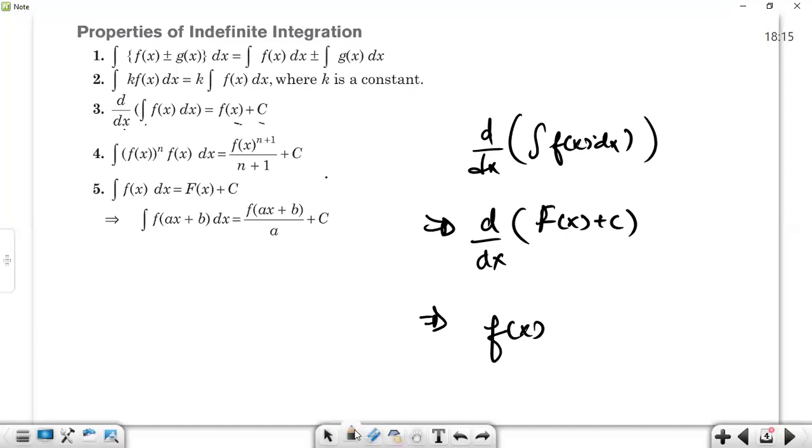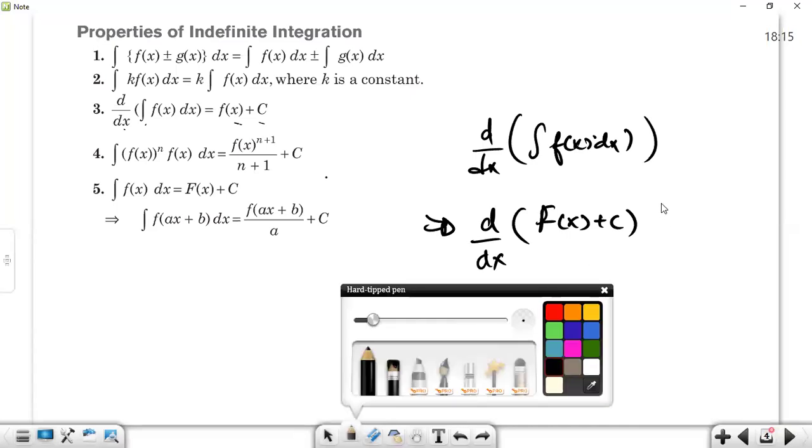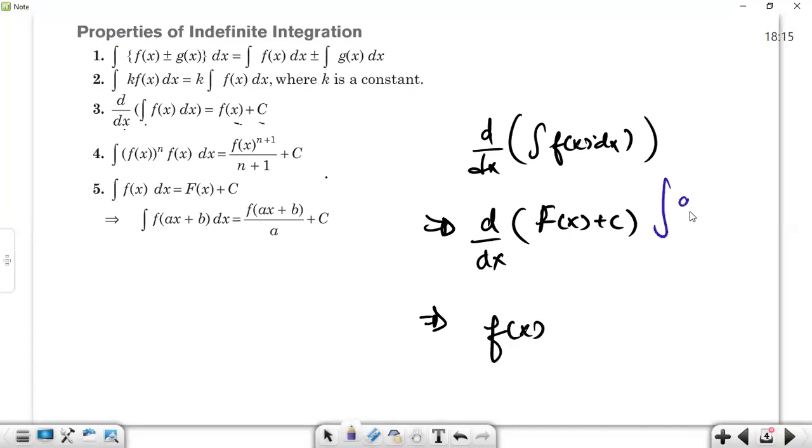Let's discuss some other case. Let's discuss if this was the case of f of x, where differentiation comes first and then integration is given. So written otherwise, it will first become f of x, and then its answer would be f of x plus c.